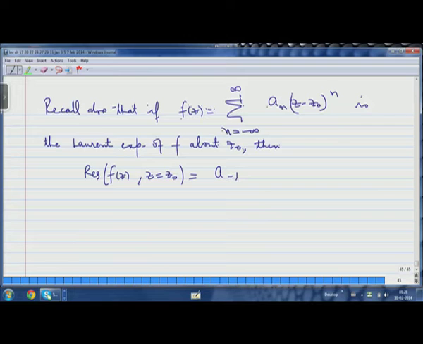And so if I write this down, this is also equal to, as I wrote earlier, 1 by 2 pi i times the integral over gamma of f(z) dz.